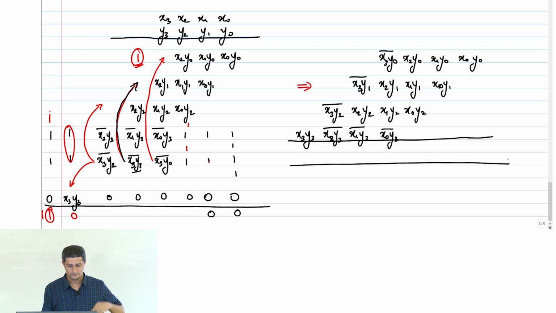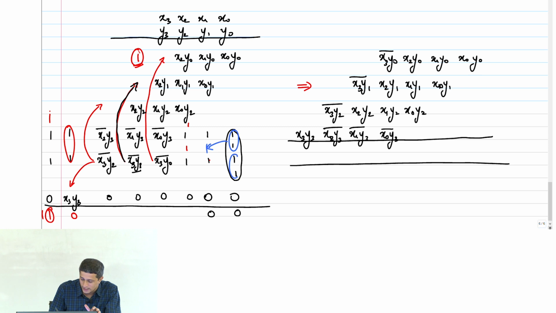Now in the process of adding these 4 ones, what did I get? If I add these 2 ones first of all, I'll get a carry of 1. Add these 2 ones, I'll get a carry of 1. So the answer is 0 here. So nothing to be done on that column. Now again there are 4 ones. I'll get one more carry of 1 here, carry of 1 here, 0 here.